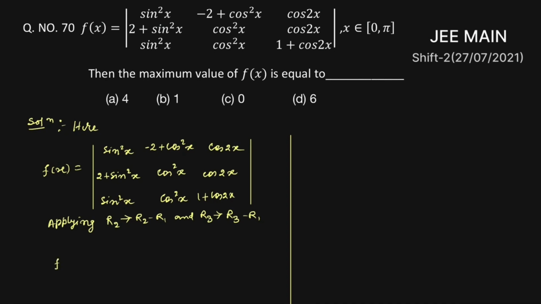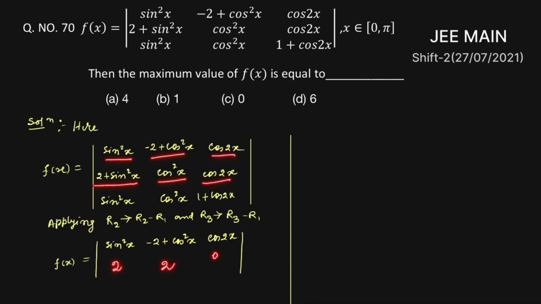Then we will get f of x equal to, our first row remains the same, that is sin square x, minus 2 plus cos square x, then cos 2x. For the second row, we do R2 minus R1, that is this minus this, we get 2 here, this minus this, we get 2 again, this minus this, we get 0.